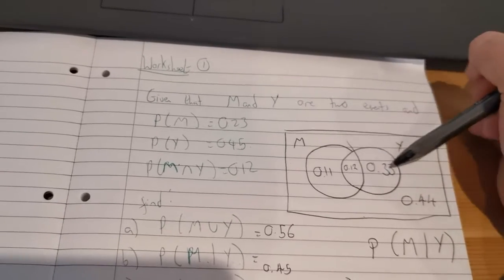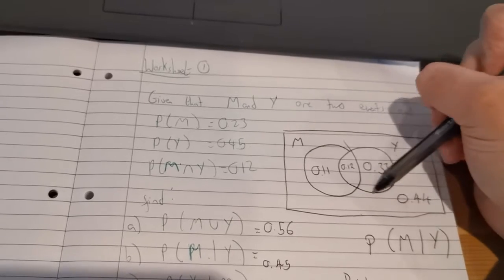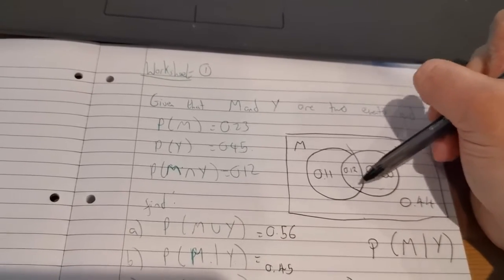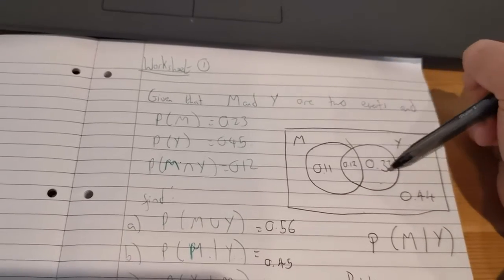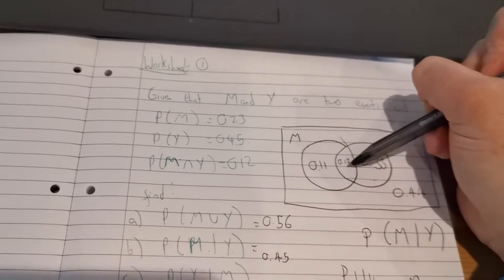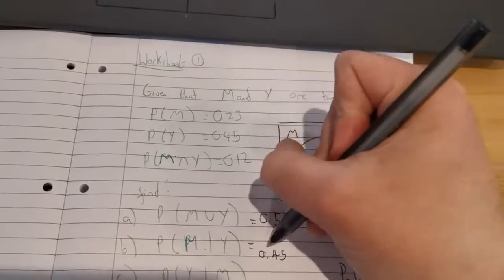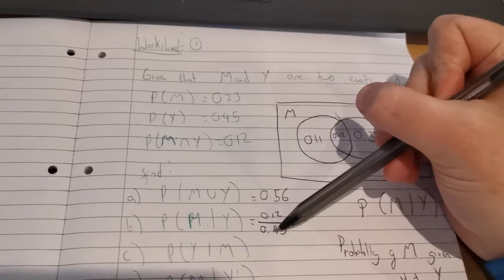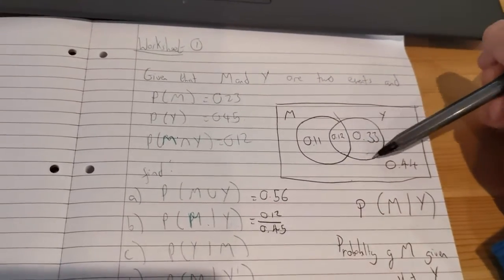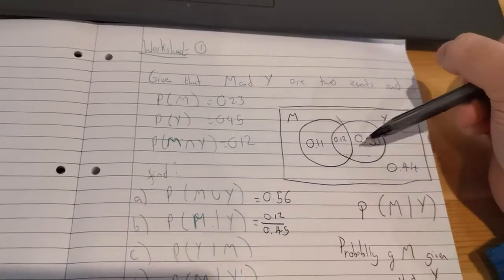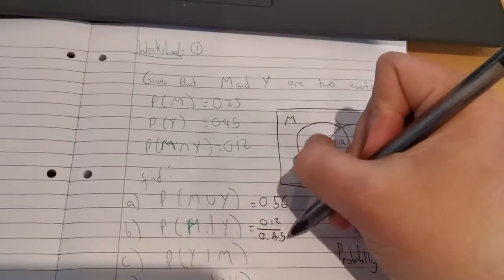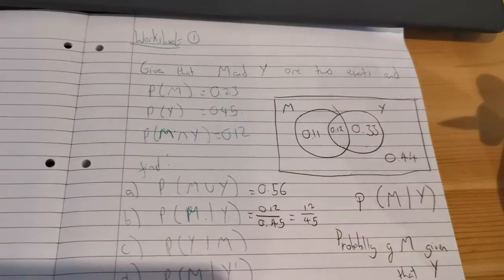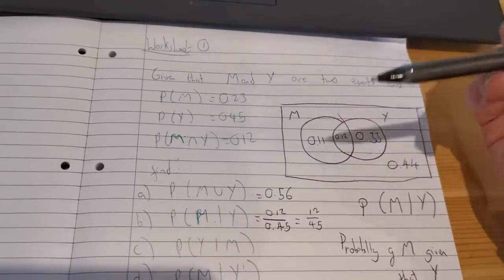Out of these Y probabilities, which is just this circle, 0.12 of those have M as well. So given that we have Y, M is 0.12. So 0.12 of my 0.45 are M. Therefore my probability is 12/45.